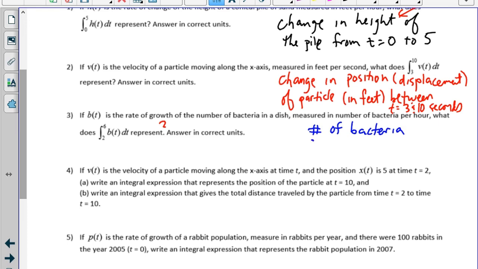This is the number of bacteria actually grown in t equals 2 to t equals 6. So it's the number of bacteria actually grown from t equals 2 to t equals 6.